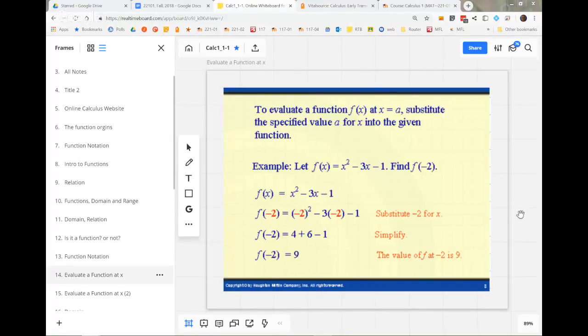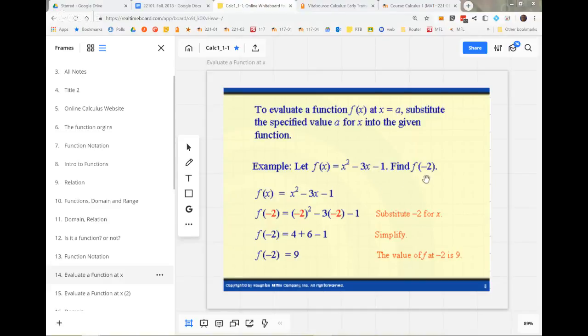Back to this slide. A function is defined as: take whatever I give you, square it, subtract 3 times the number, subtract 1. I mean, that's my way of saying x squared minus 3x minus 1, right? Whatever I give you, square it, then subtract that same thing I gave you times 3, and then subtract 1.